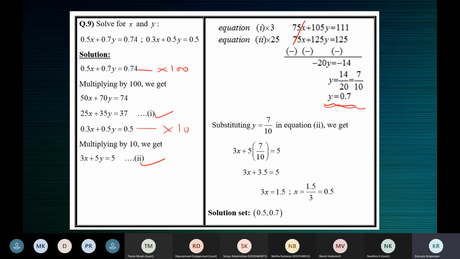We substitute the value of y and find the value of x. So this is simple. And we leave the answer as 0.5, 0.7 as decimal numbers because in the equations we have the decimal point everywhere.